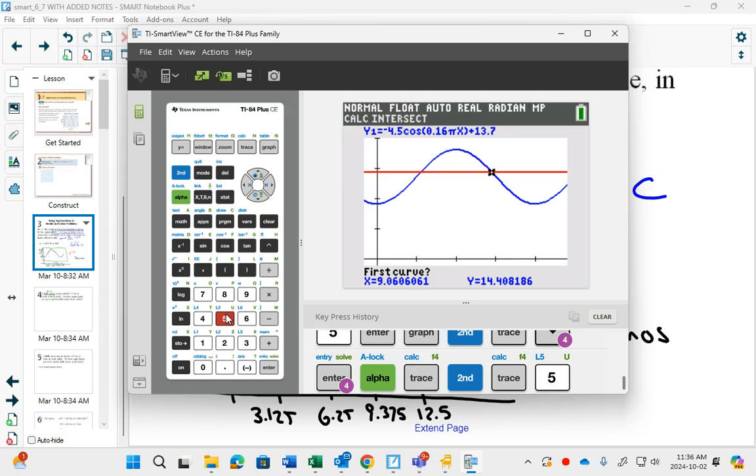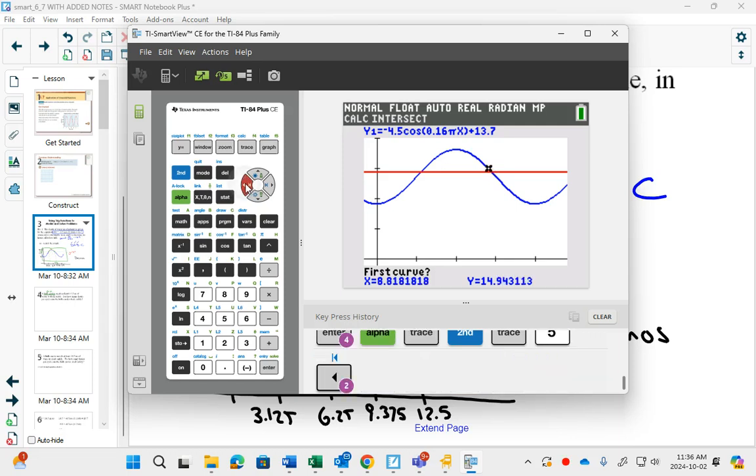Now, if I just push enter on the first curve, because I'm on the blue one, enter on the second curve, we'll go to the red one, it'll always find the nearest intersection point. So it'll find the same one again. So I will have to use my cursor here to move to the left, until I get closer to the one I want to find.